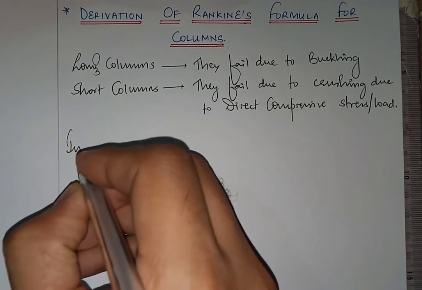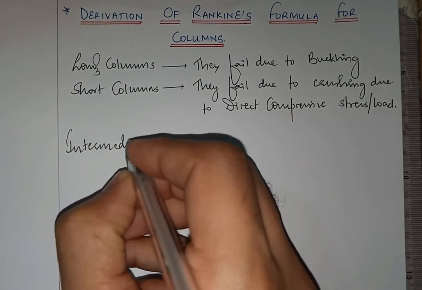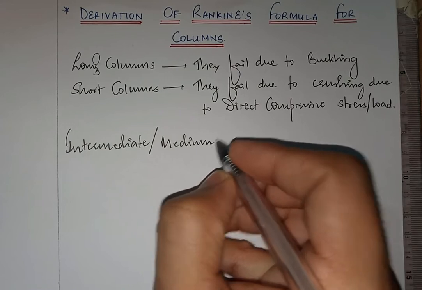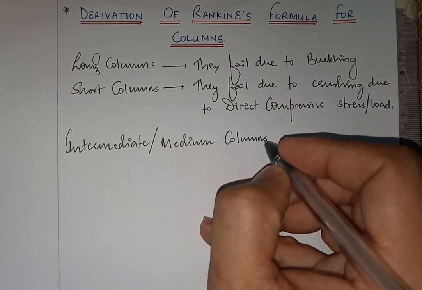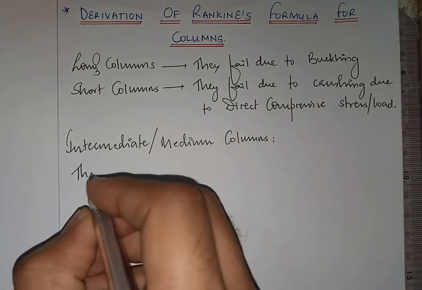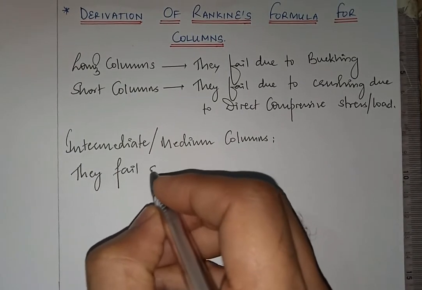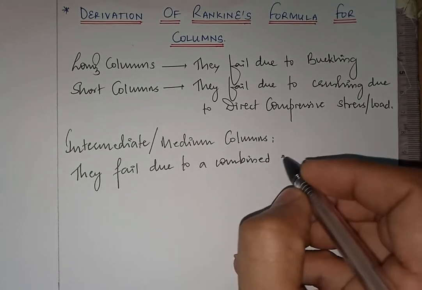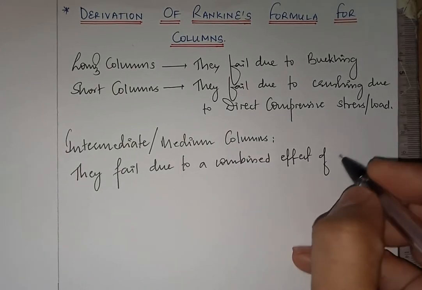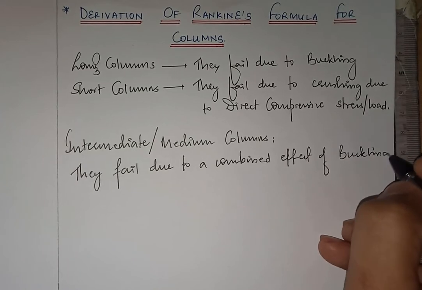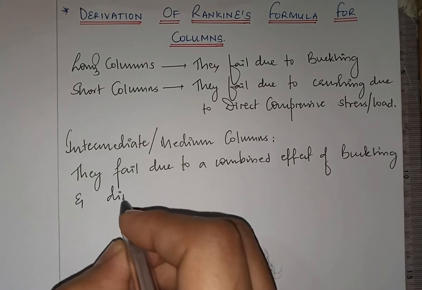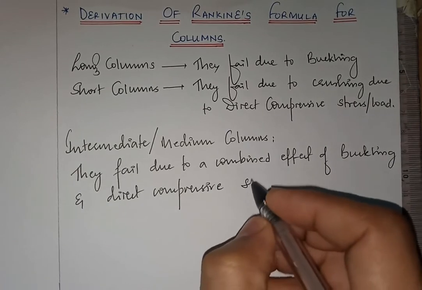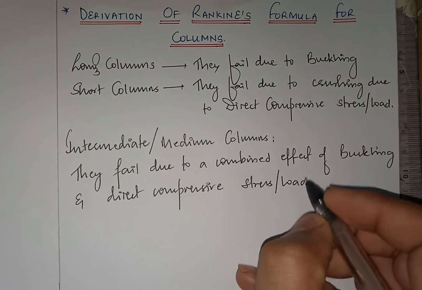Next is intermediate or medium columns. Now here they fail due to a combined effect of buckling and direct compressive stress or load.